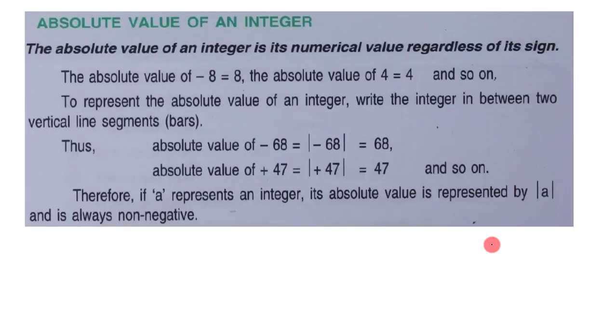Now one more important concept that we are going to discuss about integers is the absolute value of integers. This is not in our state board syllabus, but we need to learn about it because it helps us do the operations. In maths there are 4 fundamental operations: addition, subtraction, multiplication, and division.